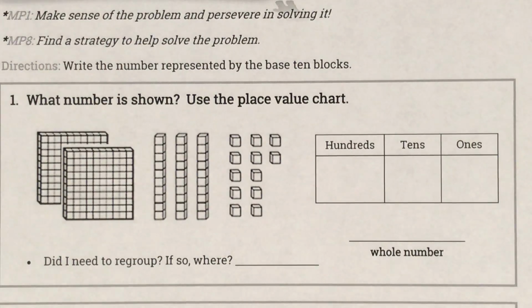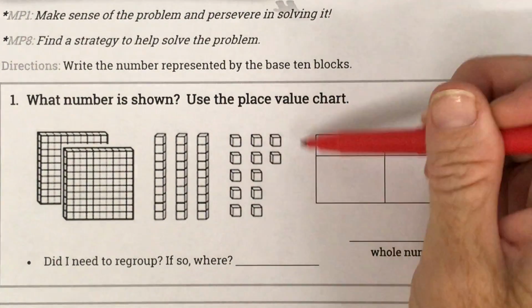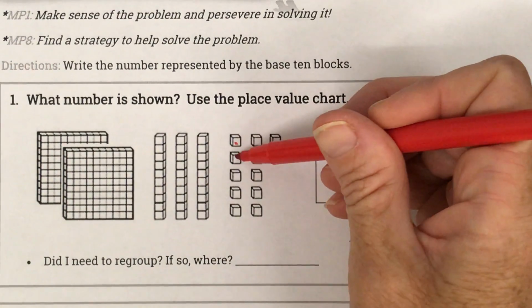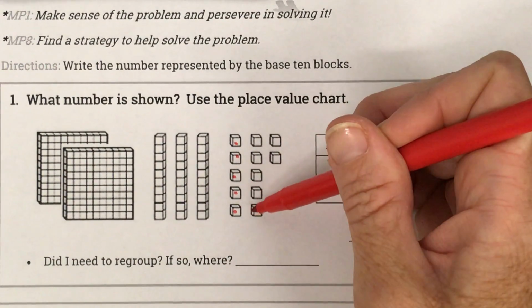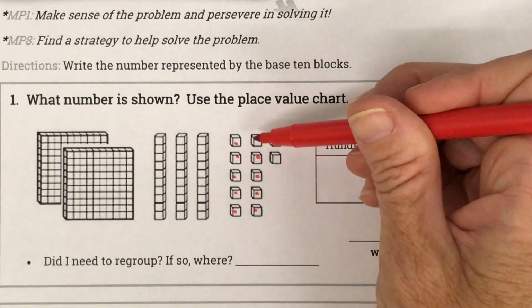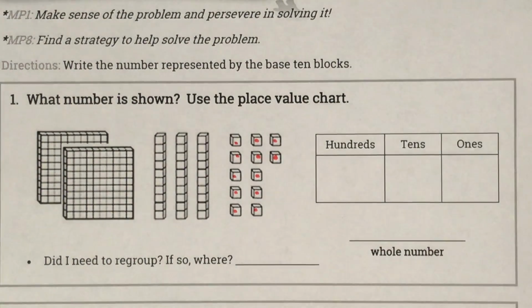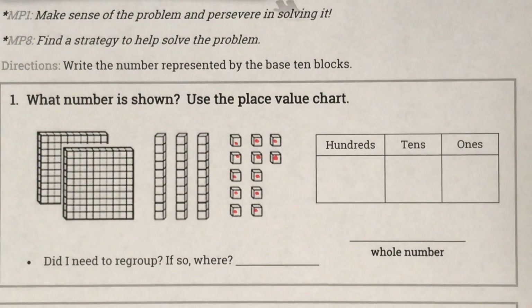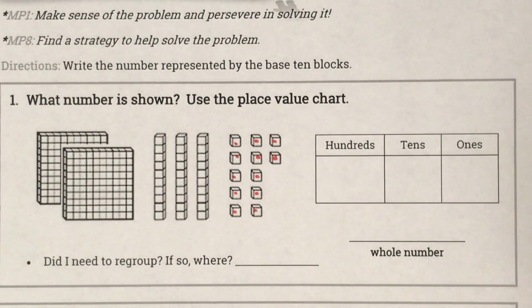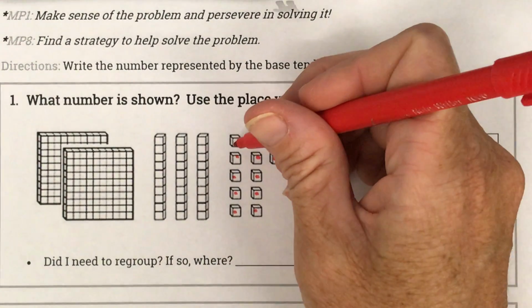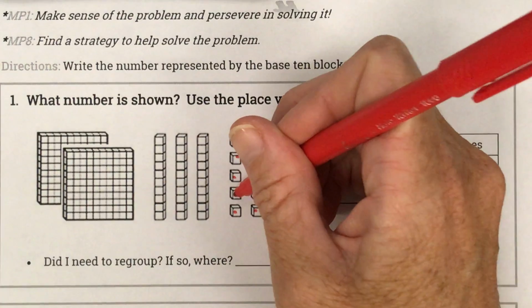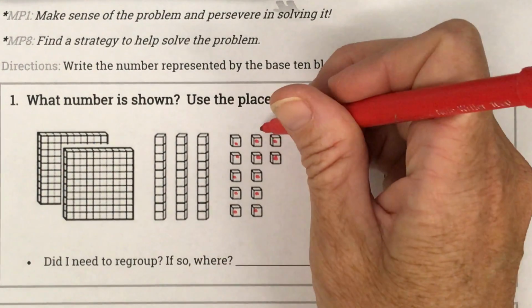Now remember, my steps told me they want me to start in the ones column. So I'm going to count how many ones I have. I see 1, 2, 3, 4, 5, 6, 7, 8, 9, 10, 11, 12. Because I have more than 10, I can bundle them. So I'm going to bundle 10 of them: 1, 2, 3, 4, 5, 6, 7, 8, 9, 10.